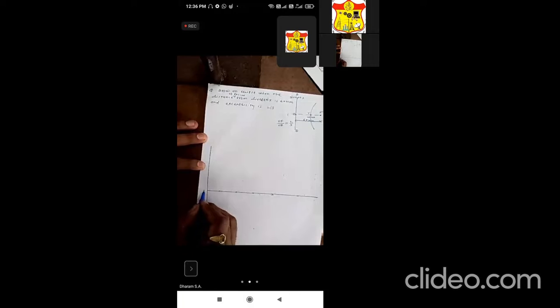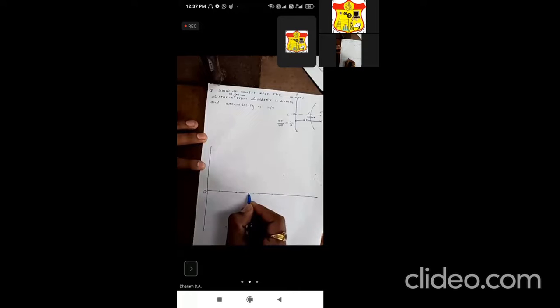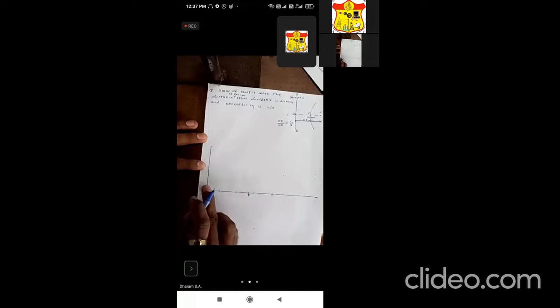So this is point D. Now the distance of the focus from the directrix is given as 60. So from this point D, take a distance and mark it. For example, this is point F. We have taken a distance of 60 from the vertical line along the horizontal axis, and we have marked point F, which is the focus.